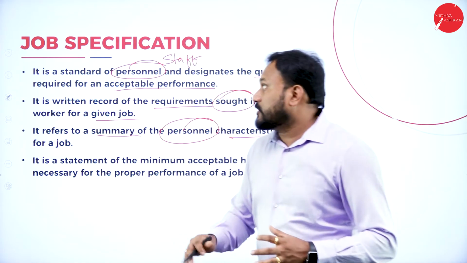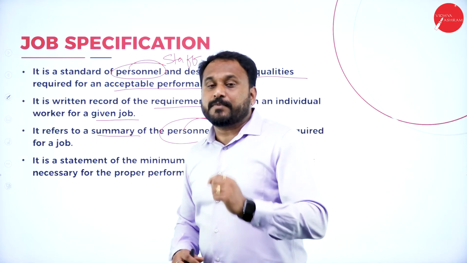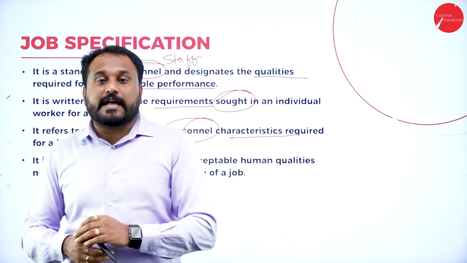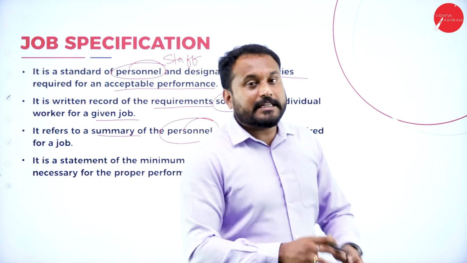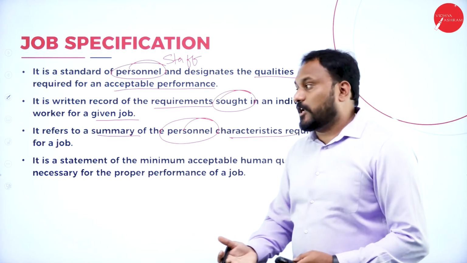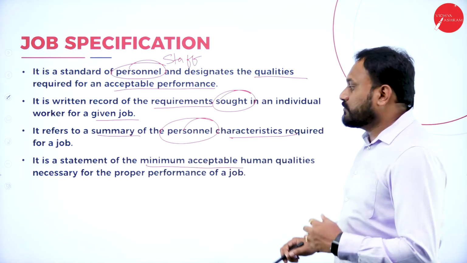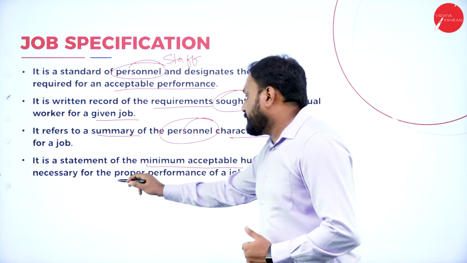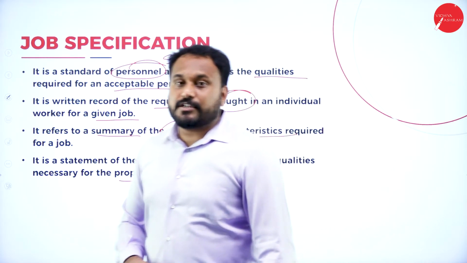So everything here, job specification in the sense, they'll specify each and everything an individual should actually have, so that he can work in a team or he can work in that particular job which he has been allotted. It is a statement of minimum acceptable human qualities necessary for the proper performance of the job. That is what the job specification is all about.